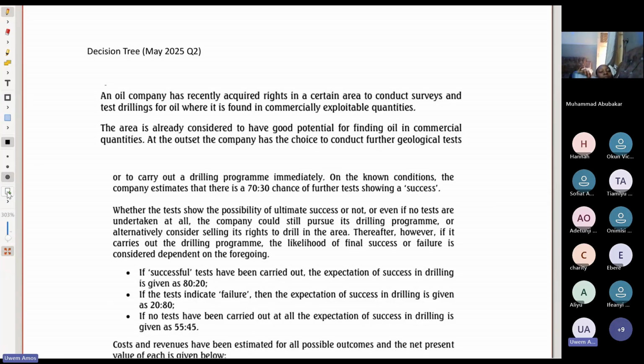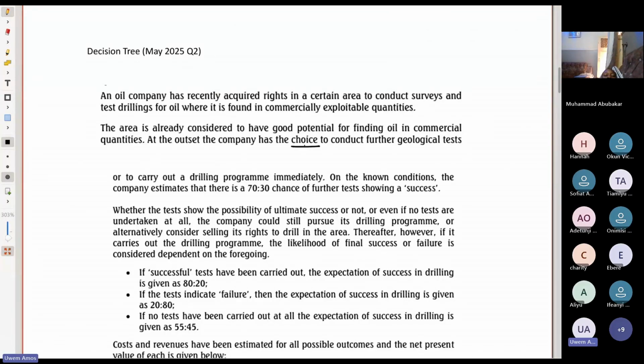The area is already considered to have a good potential for finding oil in commercial quantities. At the outset, the company has the choice to choose further geological tests or to carry out a drilling program immediately. On the known conditions, the company estimates that there is a 70 to 30 chance of further tests showing a success.